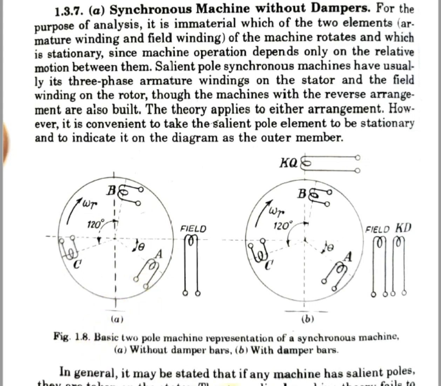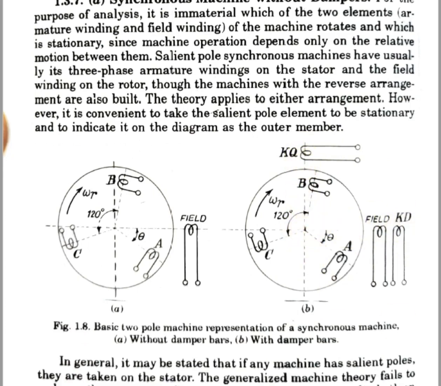So here we have again taken A, B, and C on the rotor, and we have taken the field winding along the D axis of the machine. When we are considering the compensation part with the dampers, the damper winding has KD and KQ coming along the D axis and Q axis respectively.